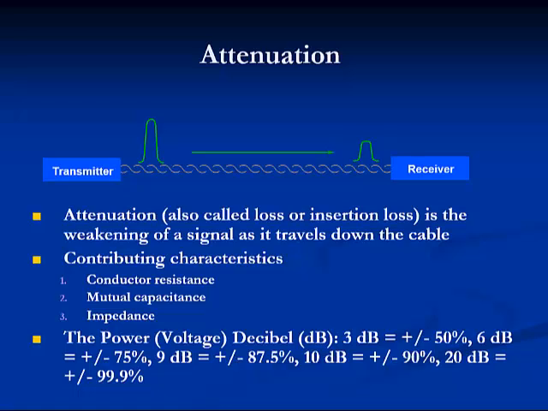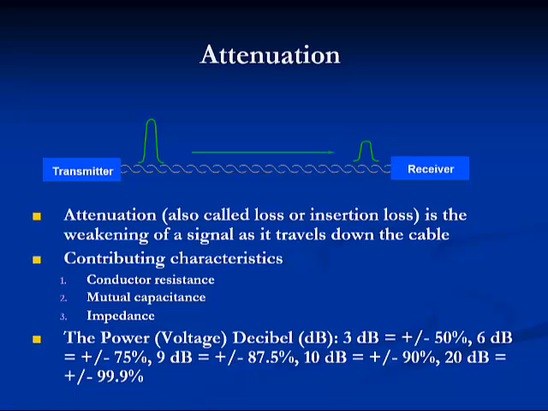Now, attenuation, also called loss or insertion loss, is the weakening of a signal as it travels down the cable. Contributing characteristics to this weakening of the signal include conductor resistance, mutual capacitance, and impedance. Attenuation is measured in decibels, or dB, and I'd like you to remember just a few milestones with regard to dB.